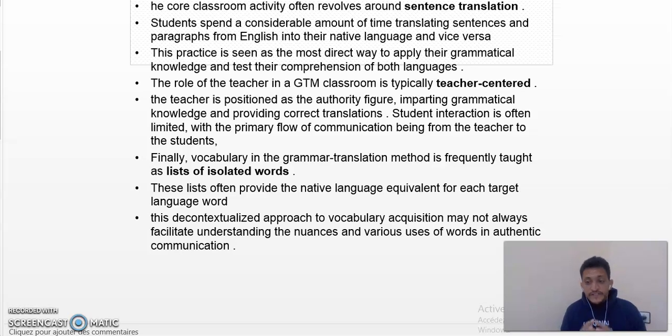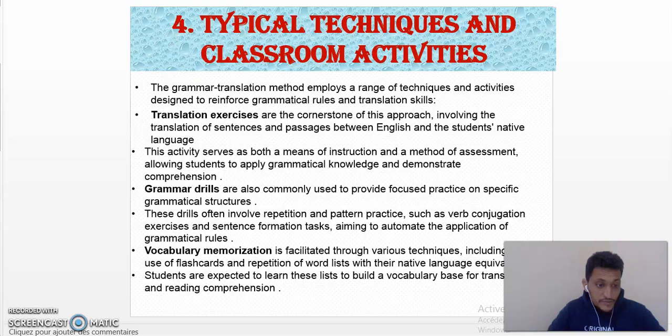So this is part one of the grammar translation method. In this part one, what you have learned is its core principles and characteristics, what the grammar translation method is.